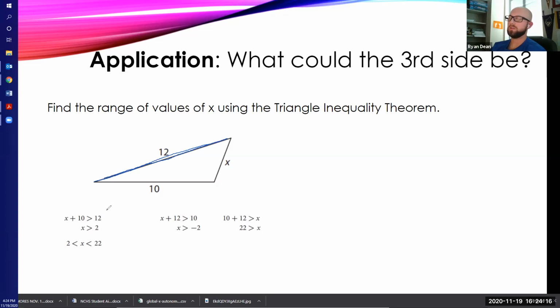So there, as you can see, there's three scenarios here. Okay, so scenario 1, 12 is the largest side. Okay, in the second scenario, what we are saying is that 10 is the largest side.